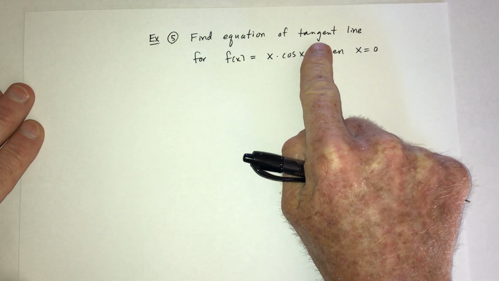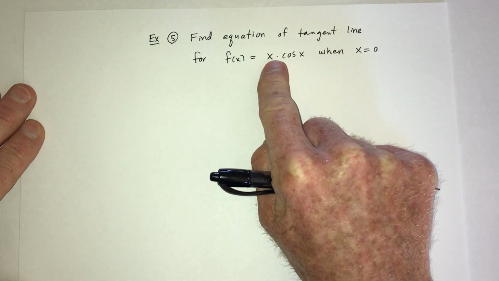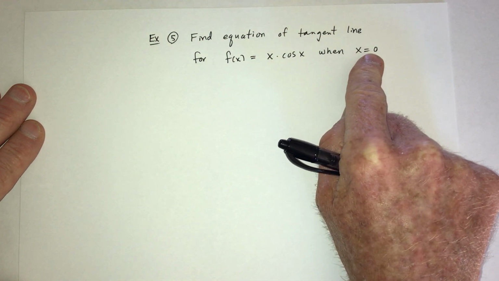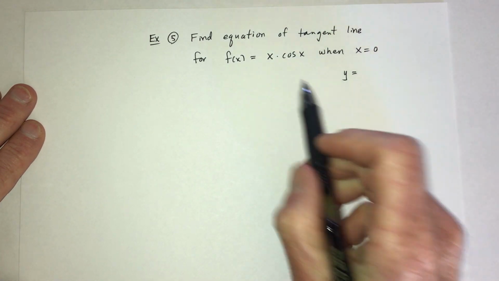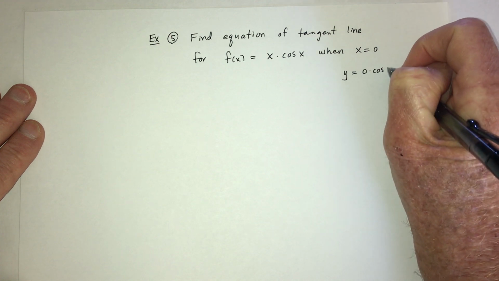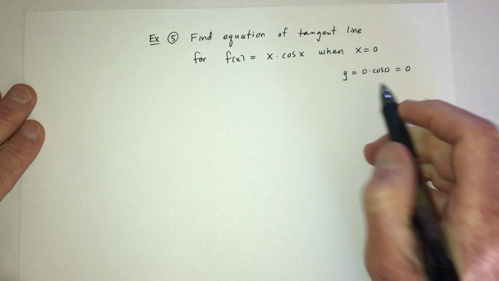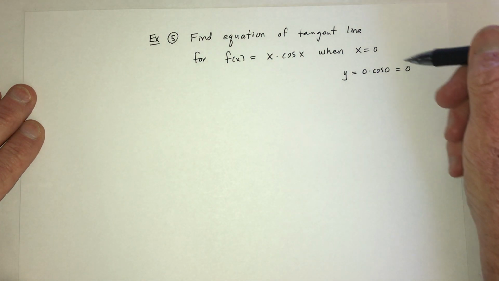So when it says tangent line, that means you get the slope by taking the derivative and plugging in the number 0. We also need the y value. So if you plug in a 0, that's going to be 0 times cosine of 0. And because it's 0 times it, it equals 0. So we have the point 0, 0.